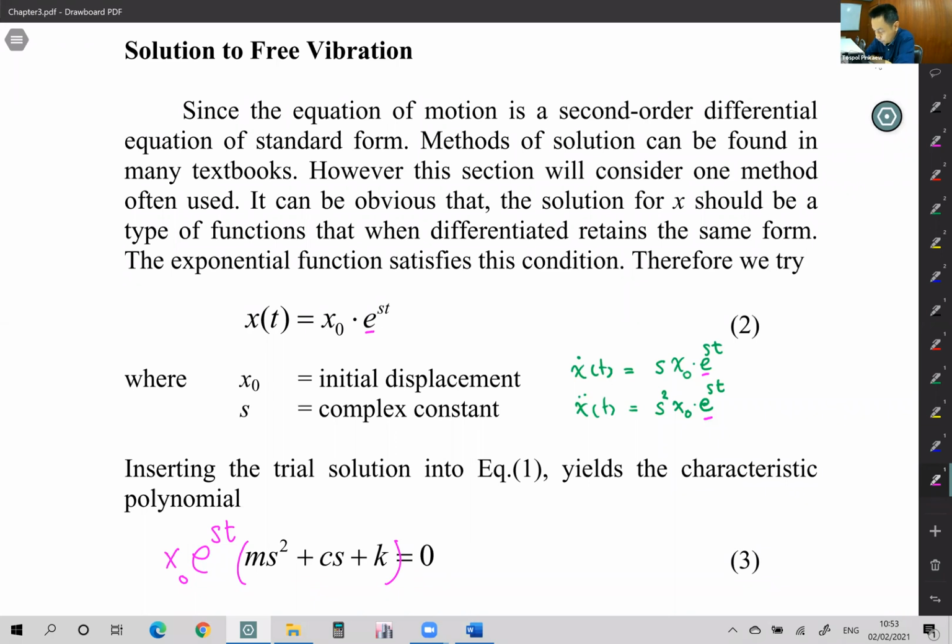Therefore, it's very possible to make the summation of these time functions become 0 on the left-hand side. Okay, we will start by introducing equation number 2 into equation number 1.